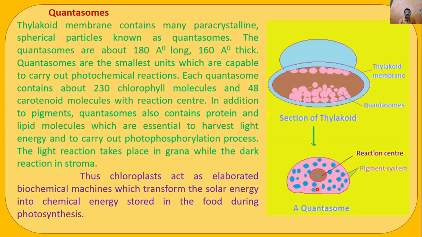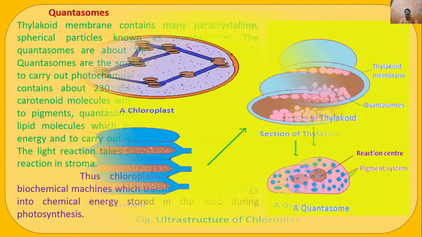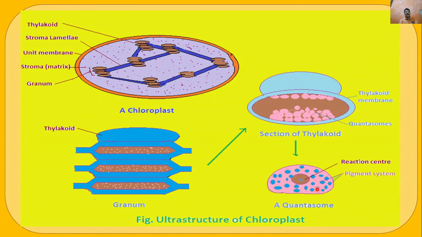The chloroplasts act as an elaborate biochemical machine which transforms solar energy into chemical energy, which is stored in the form of food during photosynthesis. Now you can see here the entire ultrastructure of chloroplasts. This is the entire chloroplast.